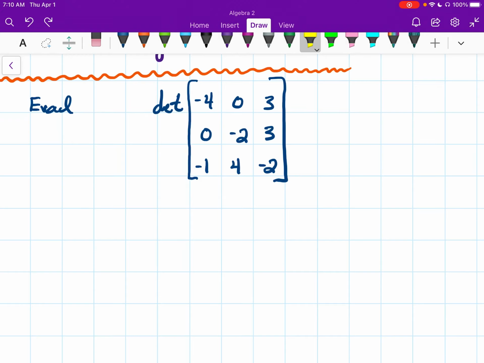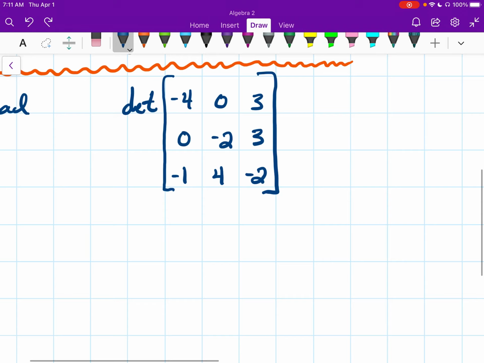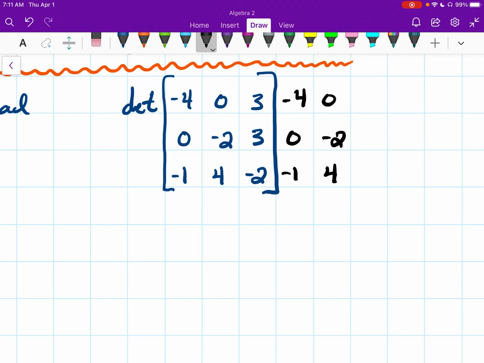Doing the same process as before, I'm going to copy down the first two columns to the right. So this would have -4, 0, 0, -2, and -1, 4. I'll go down my main diagonal.